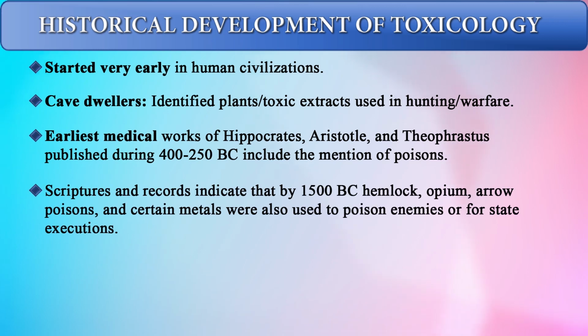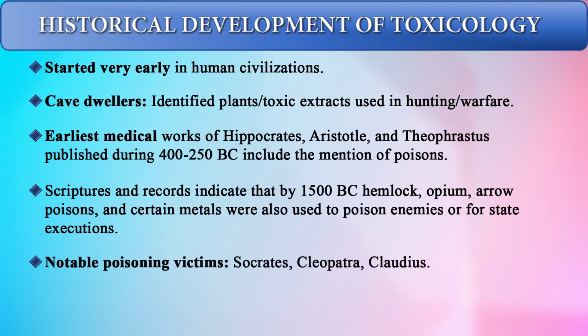Scriptures and records from the ancient period indicate that by 1500 BC, hemlock, opium, arrow poisons and certain metals were used to poison enemies and also for state executions. The notable poisoning victims include Socrates, Cleopatra and also Claudius.